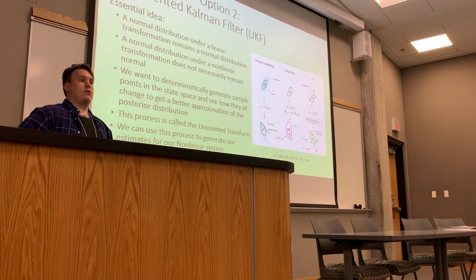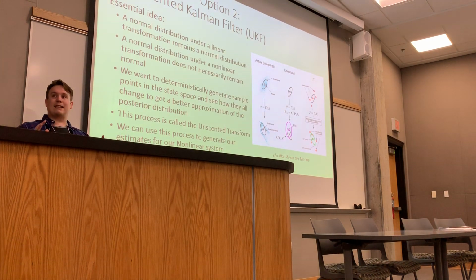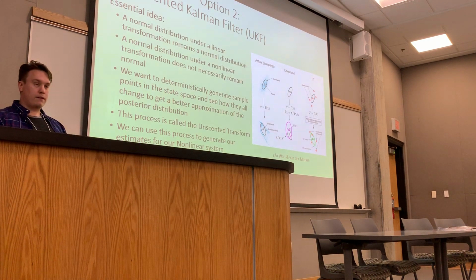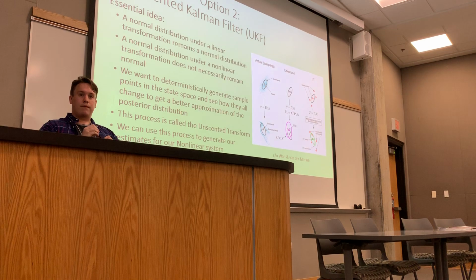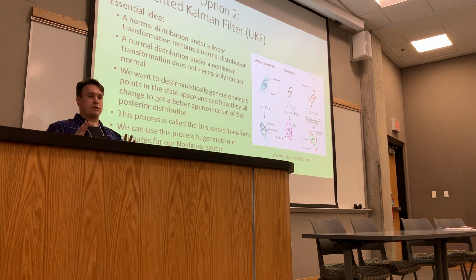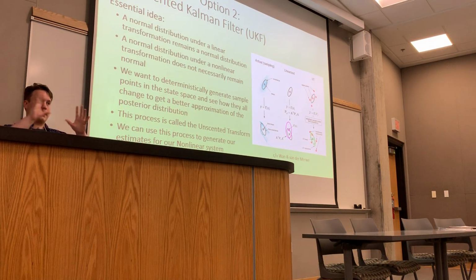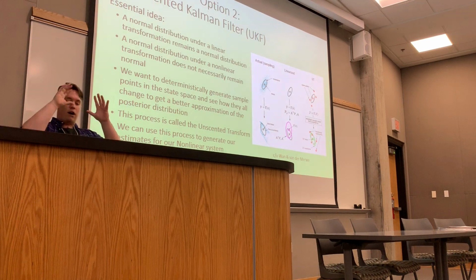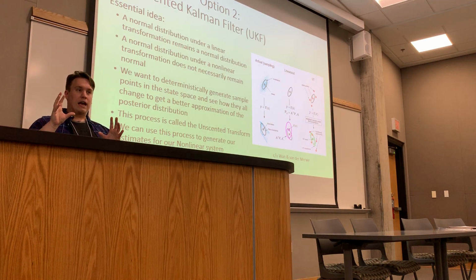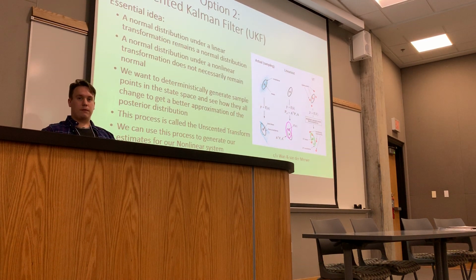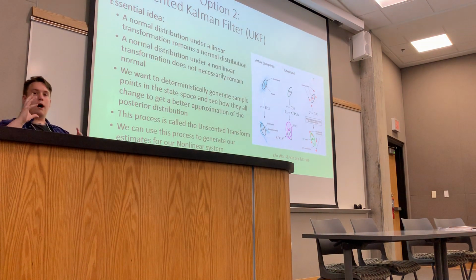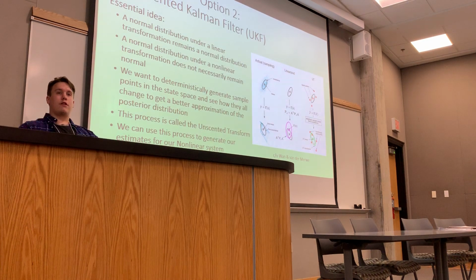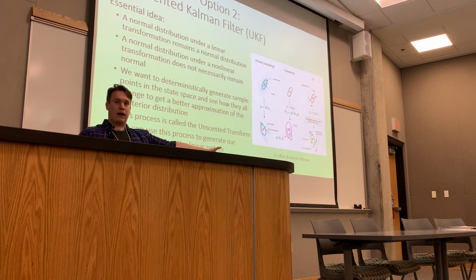So what this next technique called the unscented Kalman filter does is we take our most recent estimate and we generate a bunch of sample points around it in our state space. Then we take all of these points, we plug all of them into the model individually, and see what happens to them afterwards. So we're moving a bunch of different sample points through our model and seeing what happens on the other side.